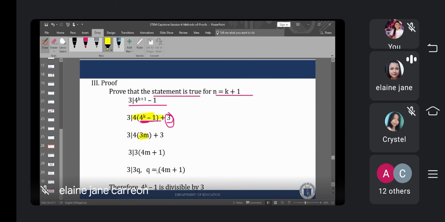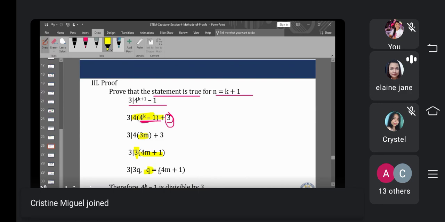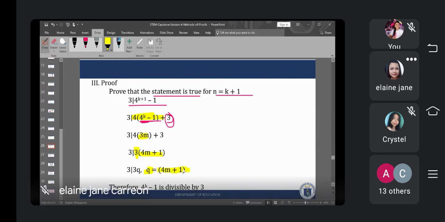And then, we have this common monomial factor which is 3. We factor out 3. Ito siya. And what remains is 4m plus 1. 3 times the quantity 4m plus 1. And we let q be equal to 4m plus 1.